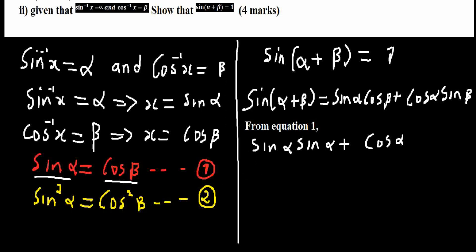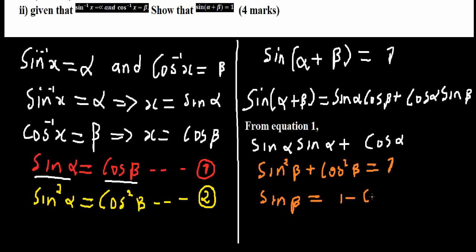We know from the identity sine squared beta plus cos squared beta equal to 1, we can make sine beta subject. So sine beta will be the square root of 1 minus cos squared beta.